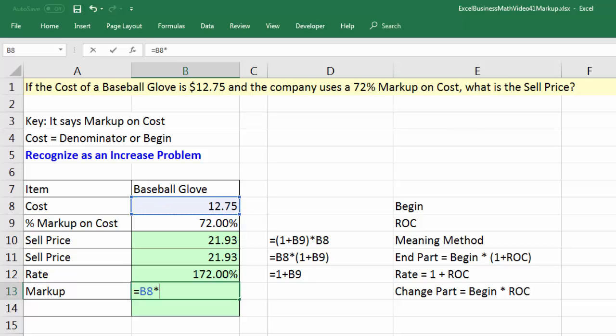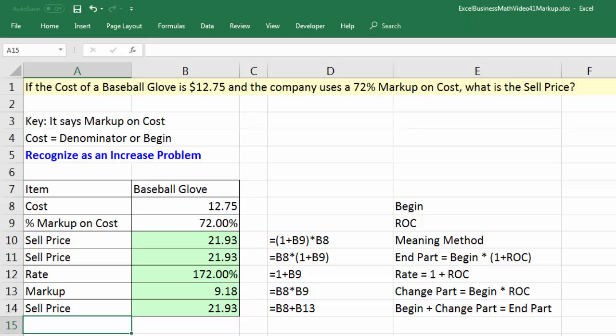That's the begin amount times our percentage markup on cost. That is $9.18. We then could have calculated our sell price by simply taking, hey, there's the cost plus our markup. So given cost and percentage markup, we can either go straight to sell price or we can calculate markup and then add it to our cost.